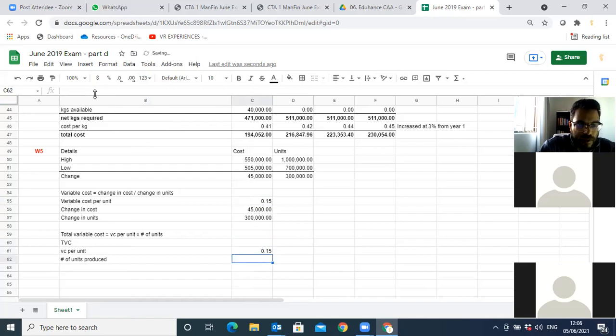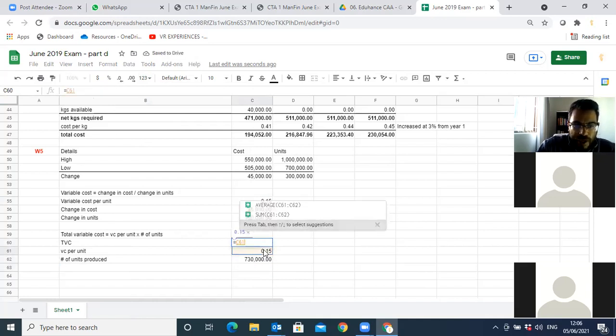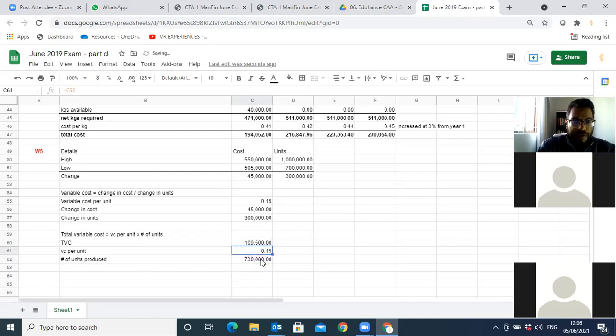So it is equal to that multiplied by that. So that's our total variable cost, 109.